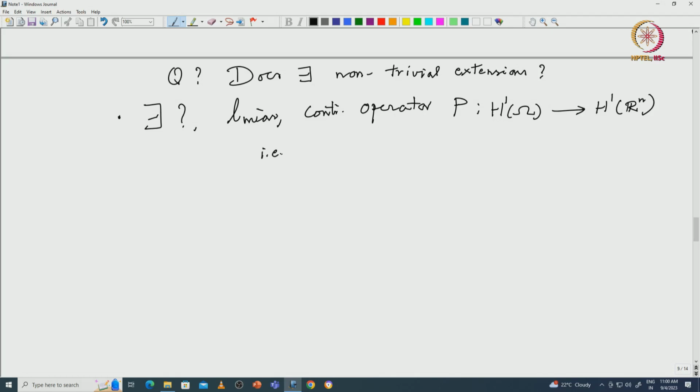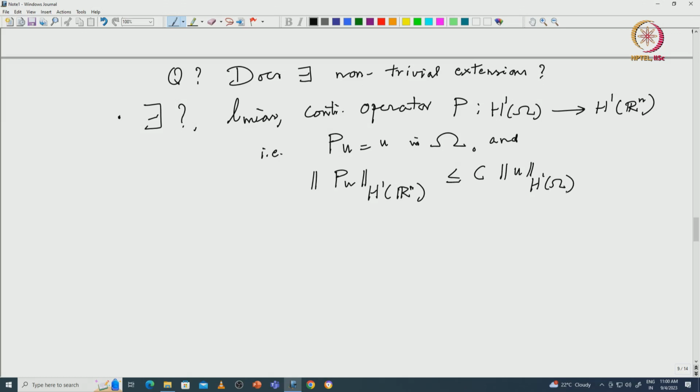So, what are the properties? Pu should be equal to u in omega, and that is a very important thing. It is not only an extension, you need to have a control on that. That is what the continuity tells you. Pu in H1 of R^n should be bounded, with a constant of course, by u in H1 of omega.